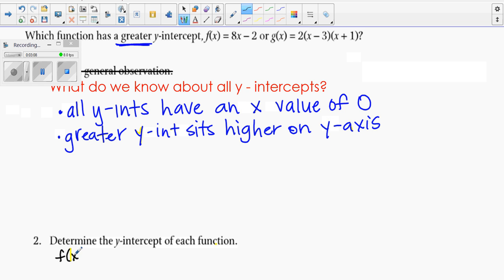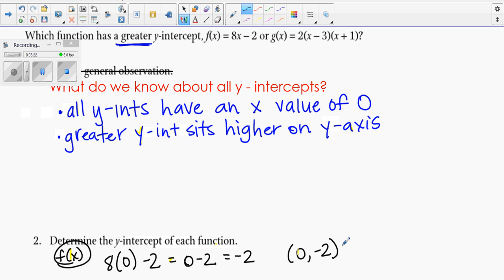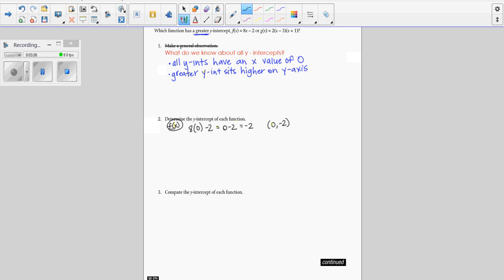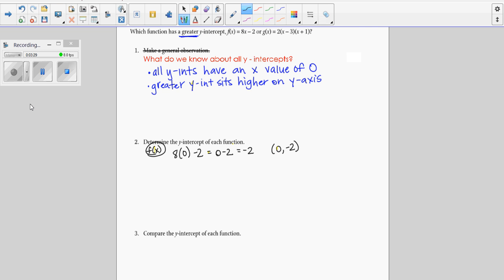So to find the y-intercept of f of x, that would be 8 times 0 minus 2, which is 0 minus 2. So you're looking at negative 2. So for f of x, you're at (0, negative 2). Now for g of x, we have 2 times (0 minus 3) times (0 plus 1).